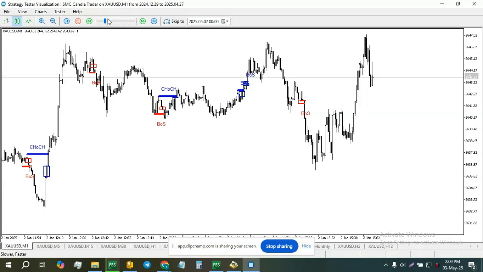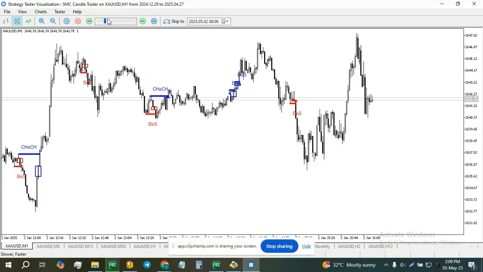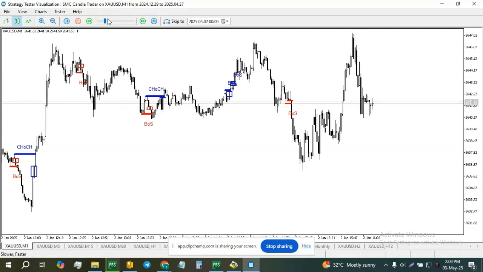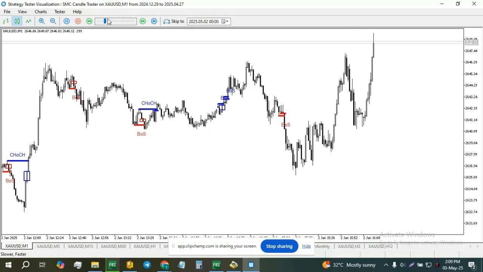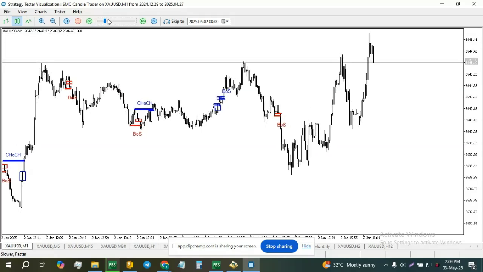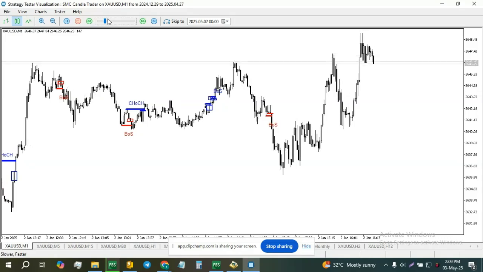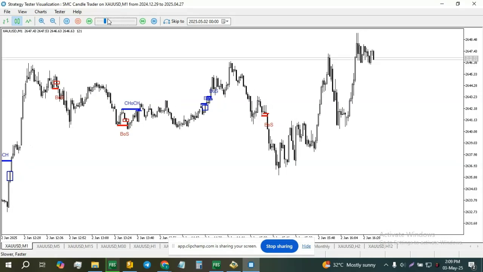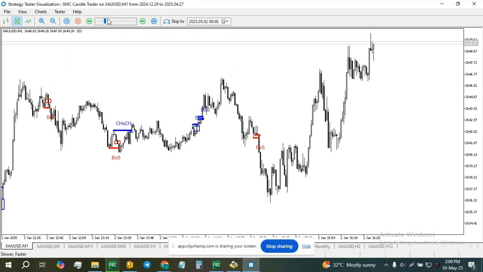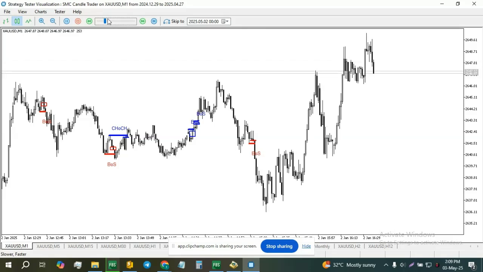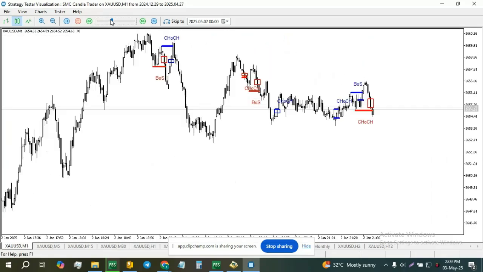It uses only high probability break of structure and change of character that has also printed a fair value gap before the break of structure and change of character is printed. The trio of conditions, the fair value gap, the break of structure, and the high time frame candlestick pattern, have to be in sync for a trade to be executed.